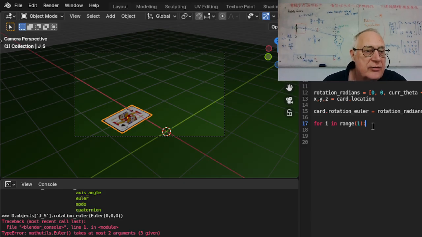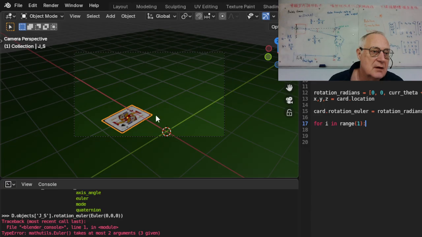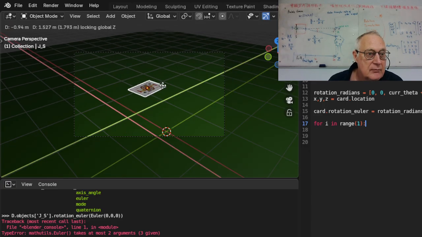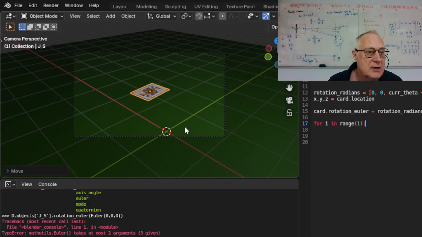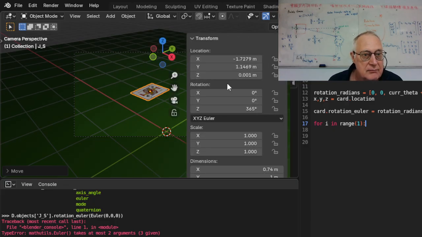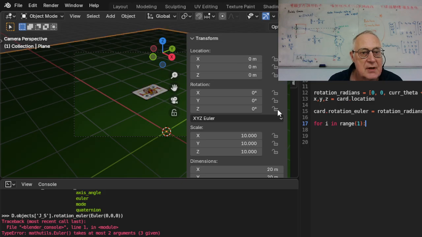So then let's say I want to take the card, bring it kind of in the center of my view, and rotate it 0 degrees. That's my starting position.